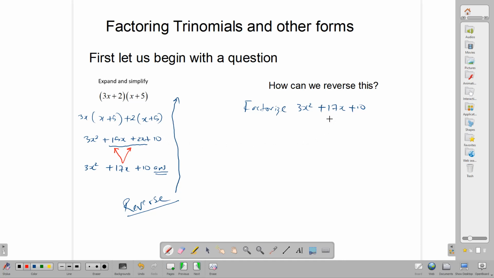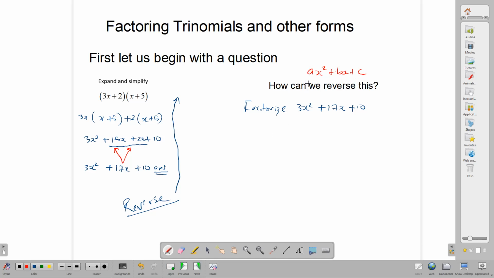But how do we know which two terms to choose? 17x could be broken up in many ways. How do we know exactly that we must choose 15x and 2x? Let us look a little bit at the general form of the expression ax squared plus bx plus c.